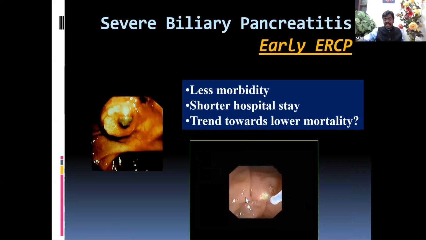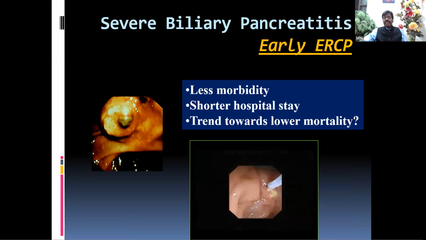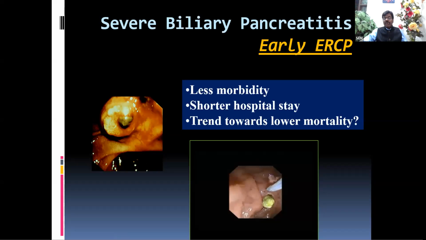In those conditions where there is a stone at the ampulla of Vater, we can do something like a sphincterotomy, just divide that sphincter and deliver the stone, and the patient will be relieved of the pancreatitis very quickly. So this is one procedure. See how simple, just 1 minute we are able to go in, and the stone is delivered. See, the stone is out, the bile will be draining, just give a tap and it will be dislodged. Okay.